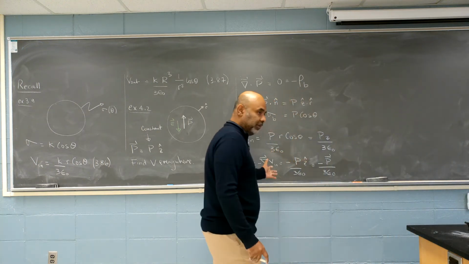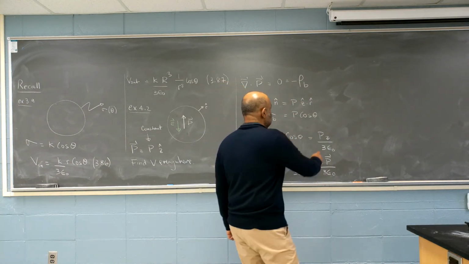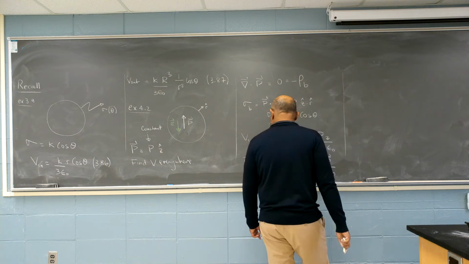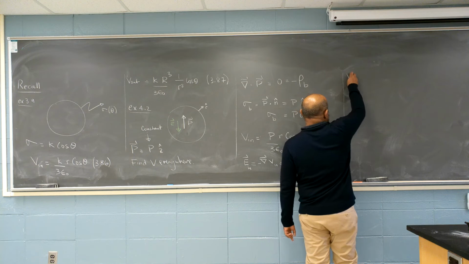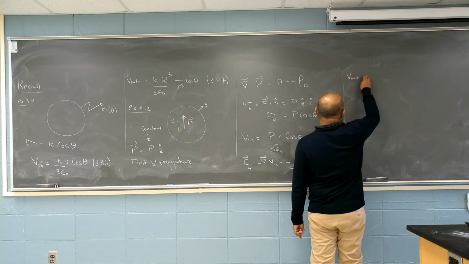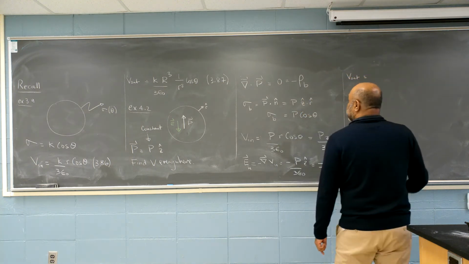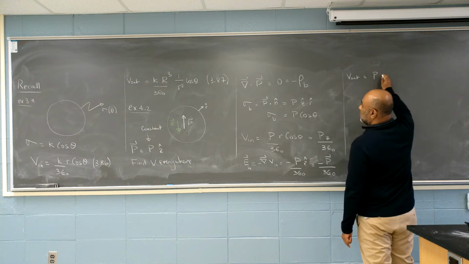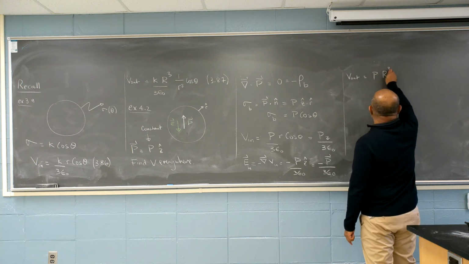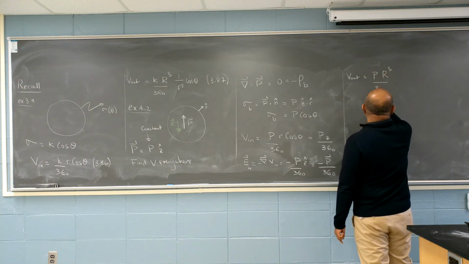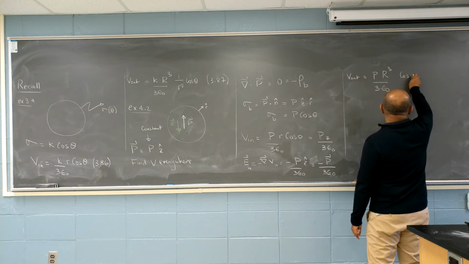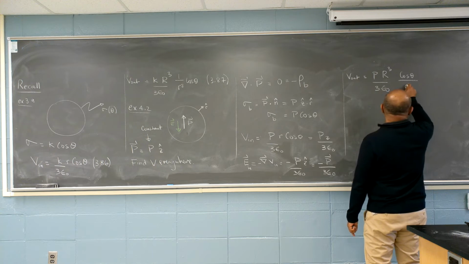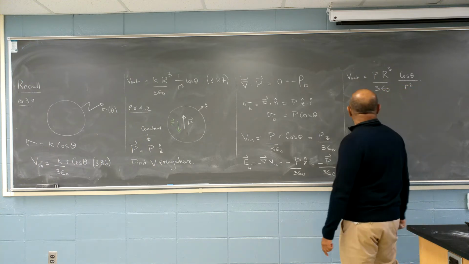It's not a very profound result, it's a very useful result. And let's do V outside. That is P r cubed over 3 epsilon naught, cosine theta over r squared.